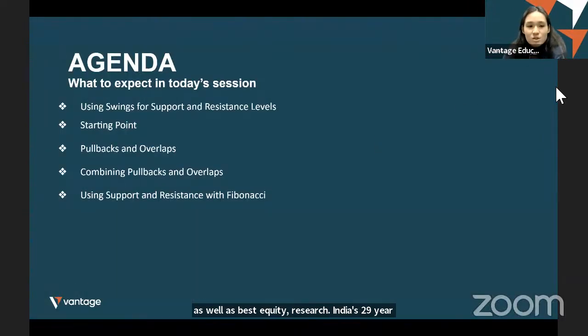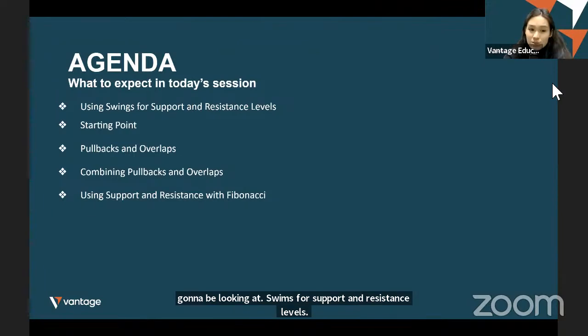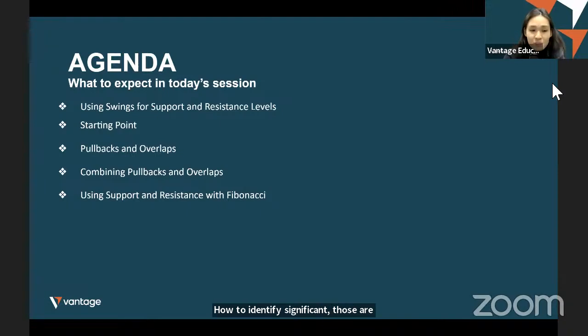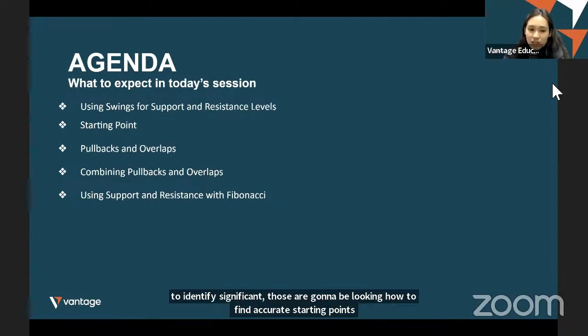Without further ado, let's just begin. Here's what to expect for today's session. We're going to be looking at swings for support and resistance levels, and how to identify significant swing highs and swing lows. We're also going to be looking at how to find accurate starting points. We're going to be looking at pullbacks and overlaps, what they are and how to identify them.